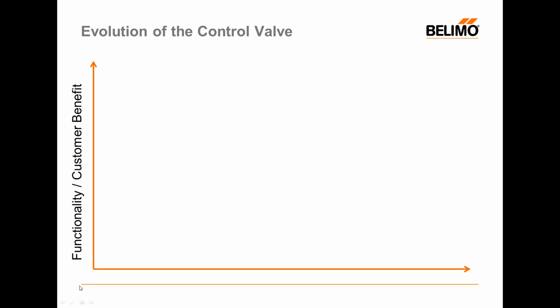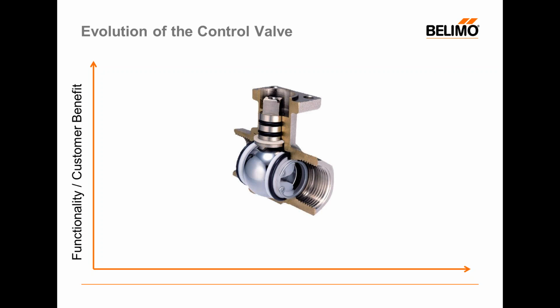So let's get started here. I always like to point out how valves have changed over time in terms of how we control them and what the changes really are. Let's start with the most basic valve, and we'll call these types of valves position control valves. What's pictured here on your screen is a cutaway of a Belimo CCV, or characterized control valve. It is a ball valve with a characterization disc in it that allows it an equal percentage flow characteristic.